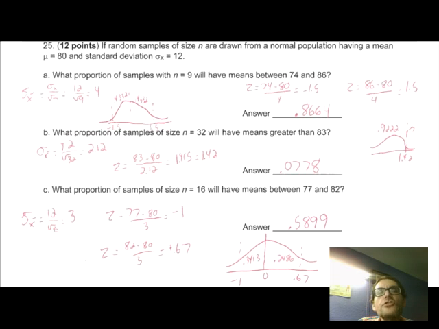Okay? So clearly when we look this up, we can't look up a single number here, because our z-score chart tells us the distance between a z-score and the mean. So let's look up that 1.5. I've got the chart up on my screen, and you all have it up in front of you.